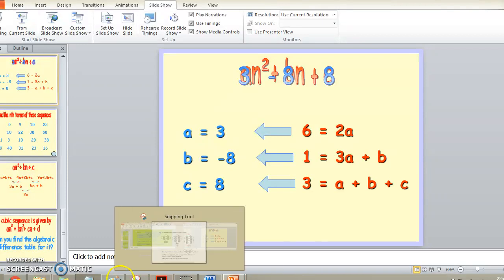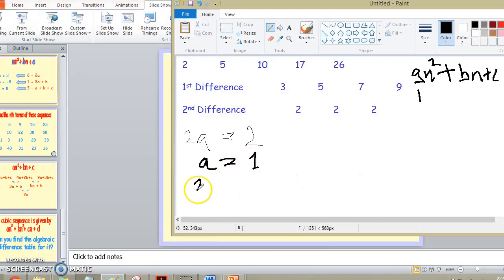Therefore, we have 3a plus b gives us the first difference, right? Which is 3. So when I substitute the value of a as 1, it is going to be 3 into 1 is 3. So 3 minus 3 is 0. Therefore, I have the value of b is equal to 0.